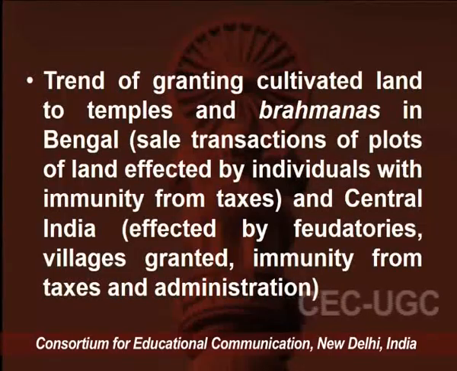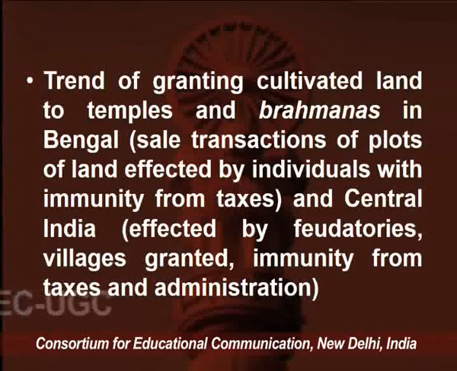Whereas in the later part of the Gupta period, say in the 6th century CE and so forth, in central India, these grants are effected by feudatories, and the villages were granted alongside immunity from not only taxes, which even Bengal grants had, but in central India these immunities included immunities from taxes as well as administration.